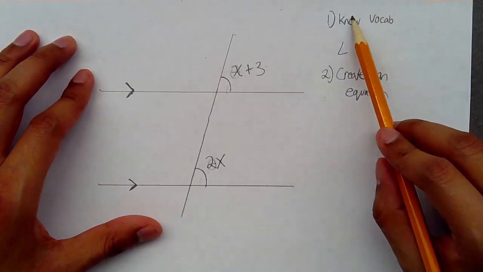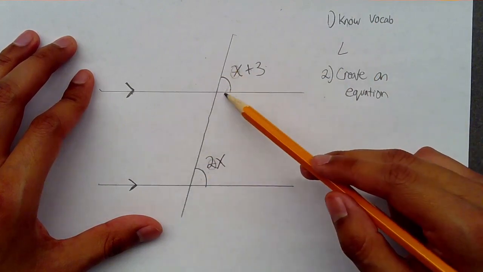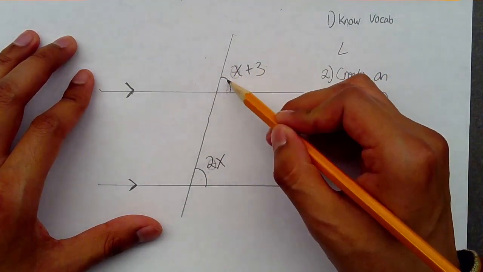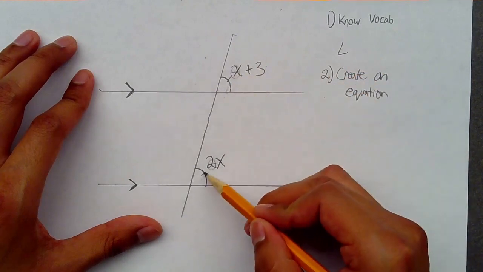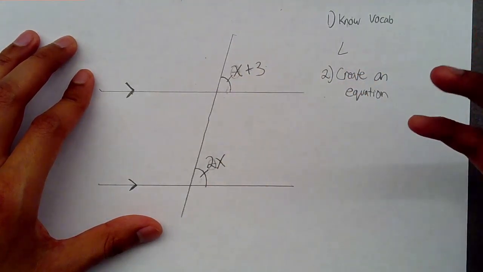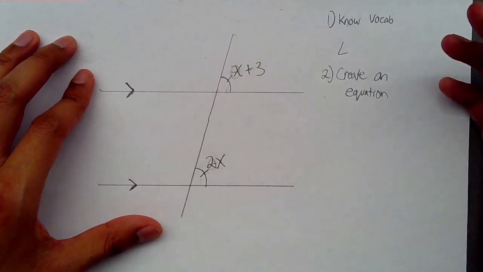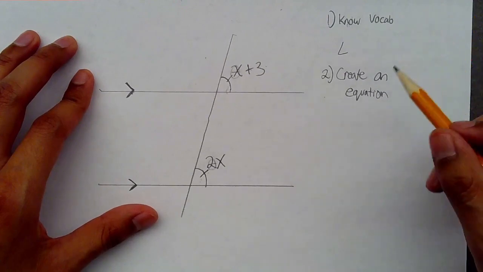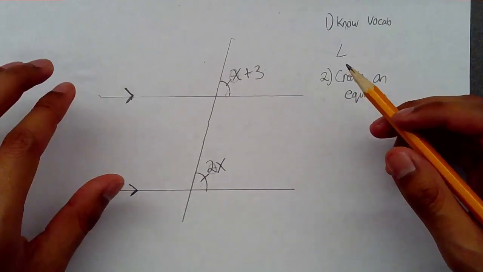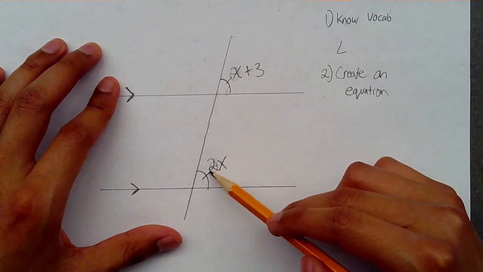One, if you know your vocab and you know your angle pair relationships, you know that this angle up here is congruent to this angle down here. And if I ask you to solve this problem, what I want you to know is that, hey, these two angles have the same measurement.